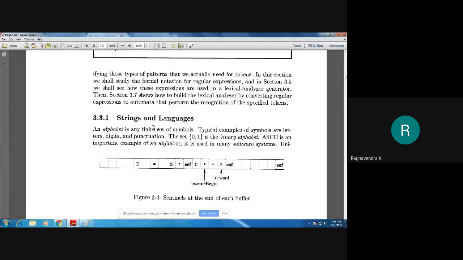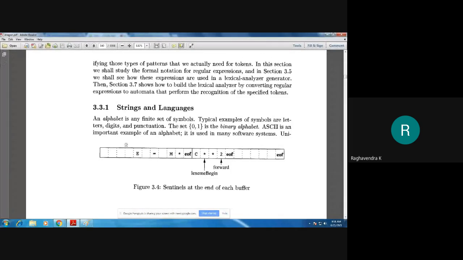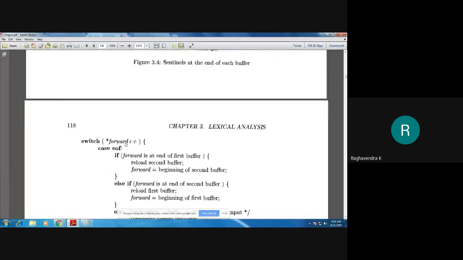Like the English language has around 26 letters. The binary language has two symbols, which are 0 and 1, and anything that is binary is made up of only these. ASCII is one more example of a collection of symbols. So this is what an alphabet actually means.